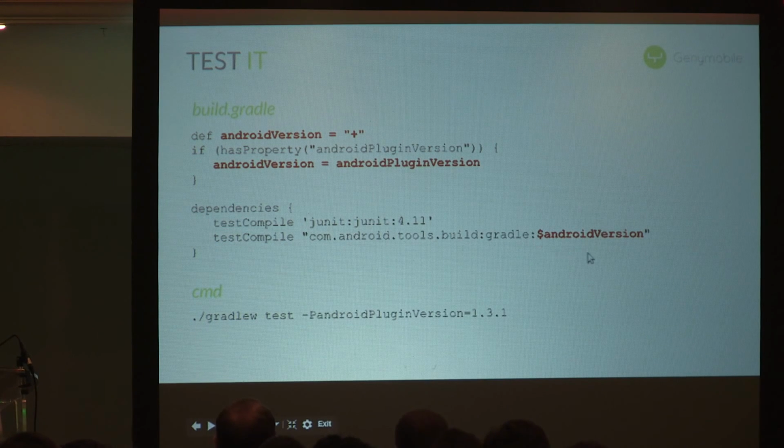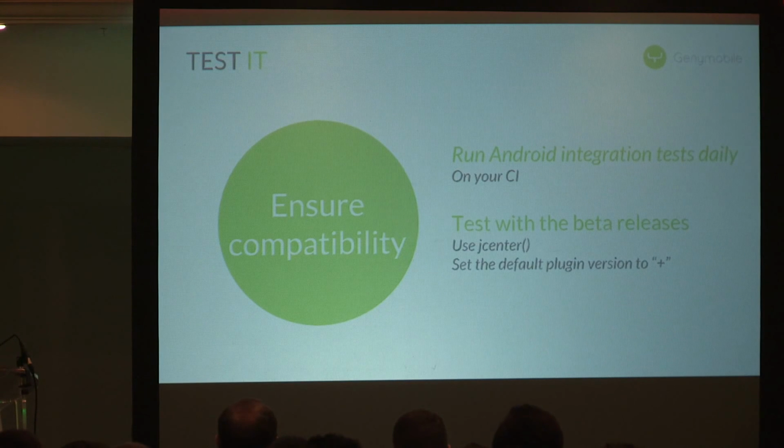So basically, we replace the 1.3.1 from before with this parameter. And now, if you want, we can specify in our Gradle test call -P with the Android plugin version we want to run. Then you can run this task to iterate on all the versions you want to support. And that's all. You get it.